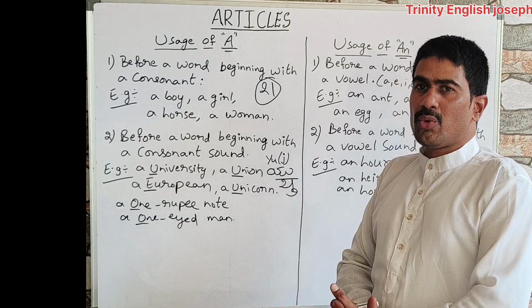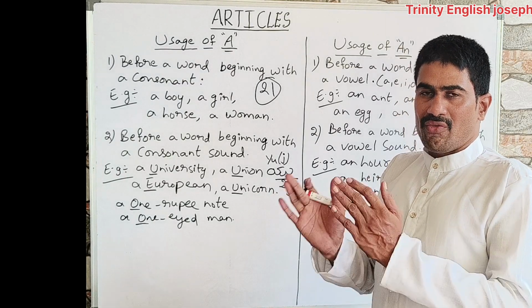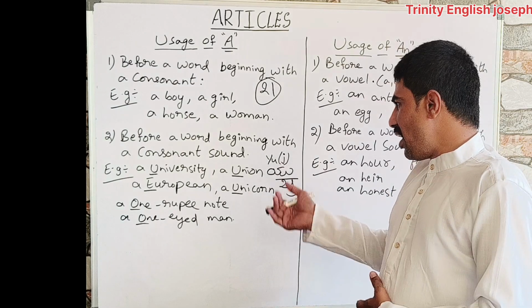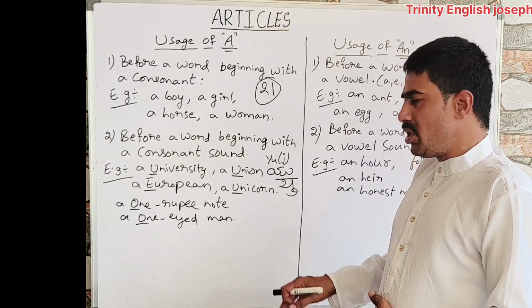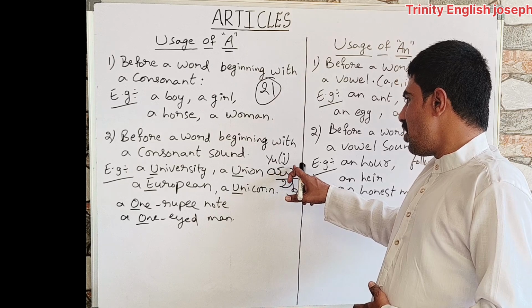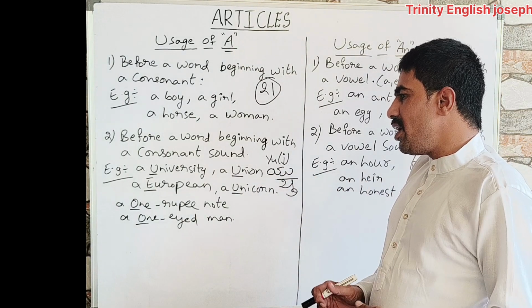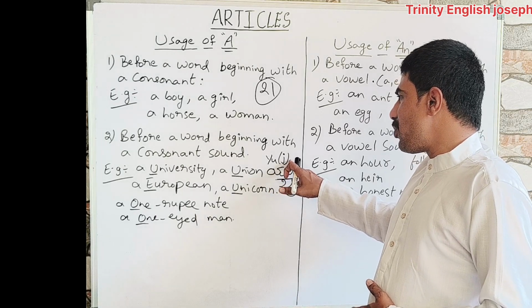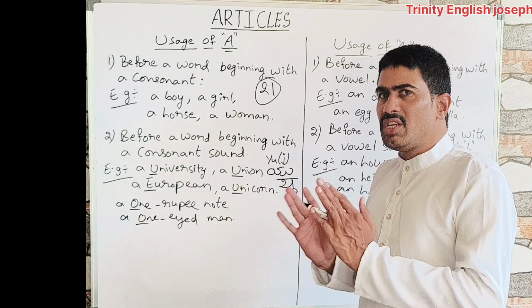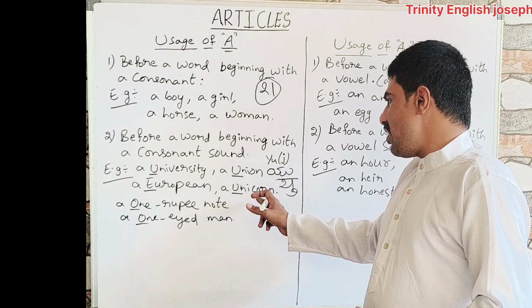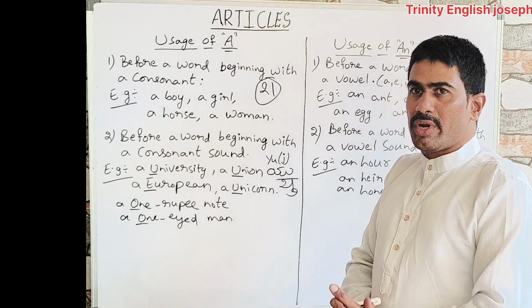Even in our own native languages like Telugu, Hindi, and other languages of Indian origin, you have the Ya sound, and even in English we have this particular sound. Since we get this sound, we decide that it is a consonant sound.